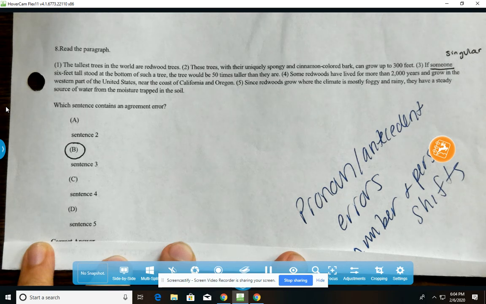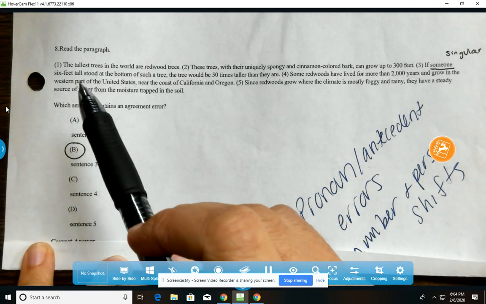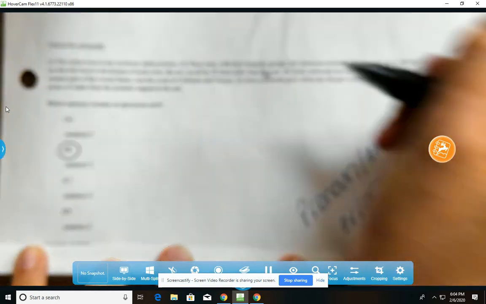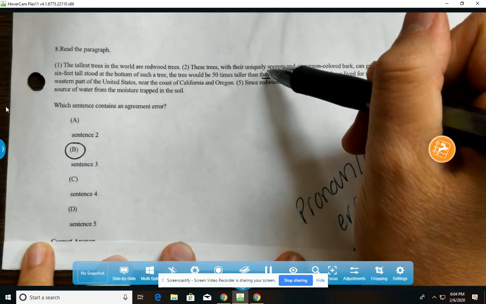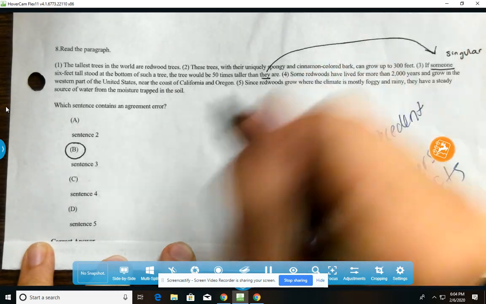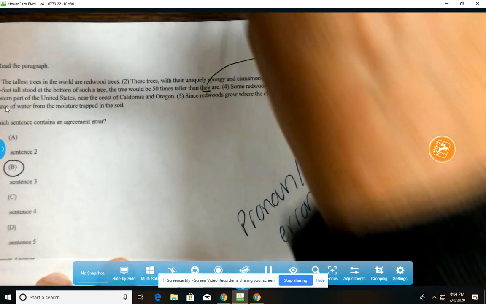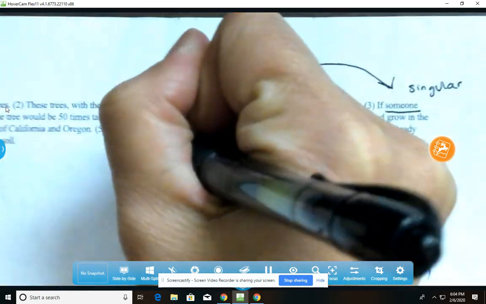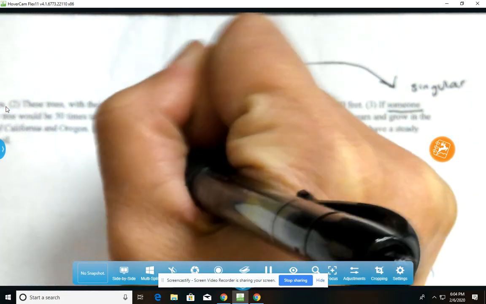So when we use a different word as a pronoun, we need to make sure that we keep it singular. And if you look over here, we replace the word someone with this pronoun they. So they is referring back to someone. What we know about the word they is that it is in fact not singular, but plural in number.